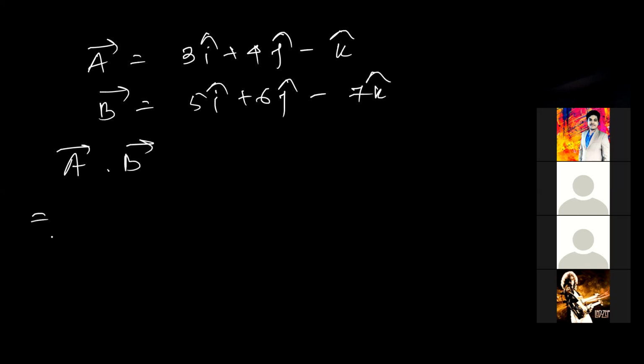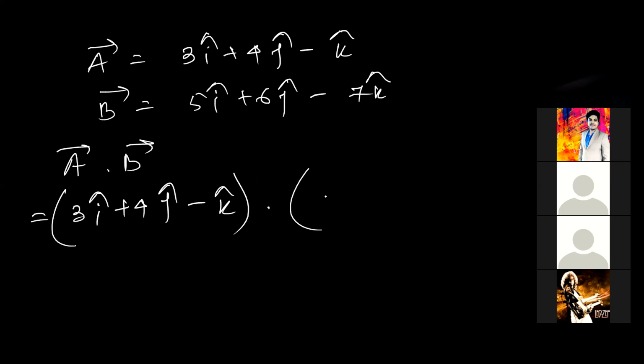Whenever you have to find the dot product, write the vectors in this way: 3i cap plus 4j cap minus k cap, dot, only a single dot should be given there, 5i cap plus 6j cap minus 7k cap.